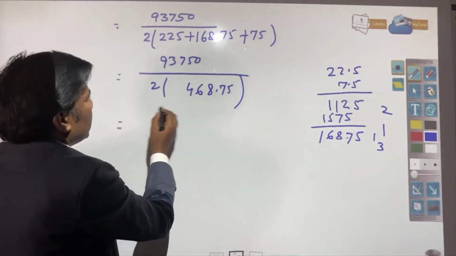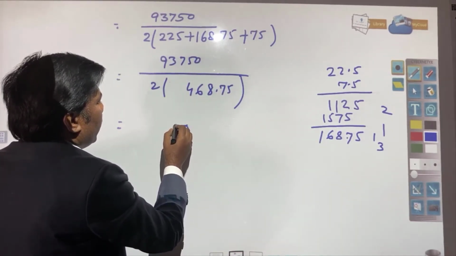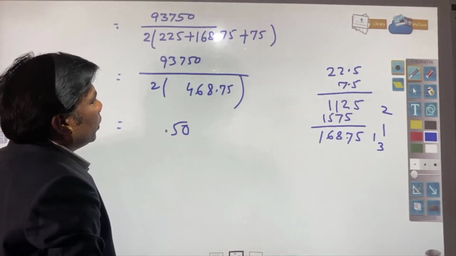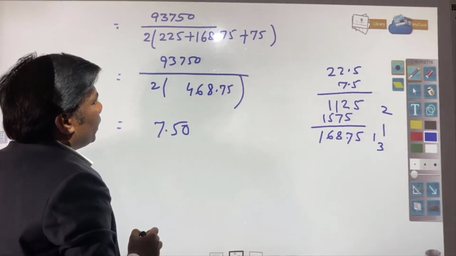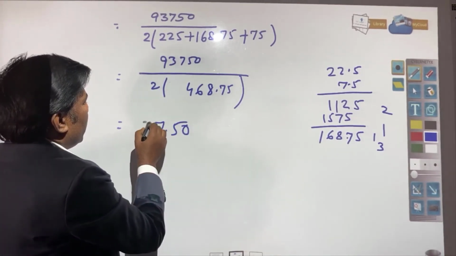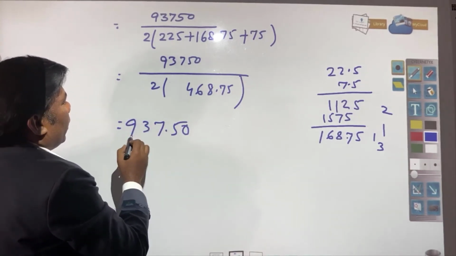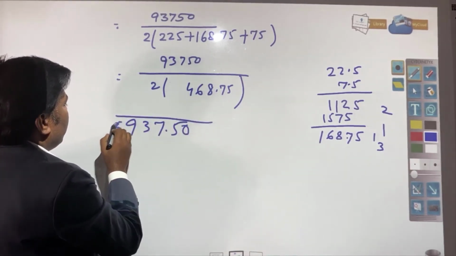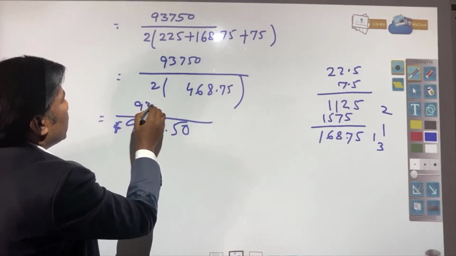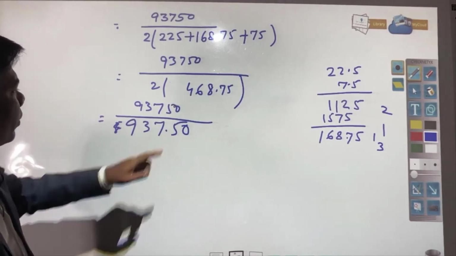Just you multiply this. 2 5 is 10, 2 7 is 14 and 1 15, 2 8 is 16 and 1 17, 2 6 is 12 and 1 13, 2 4 is 8 and 1 9. So we have got 937.50. So this will be 93750 divided by 937.50.